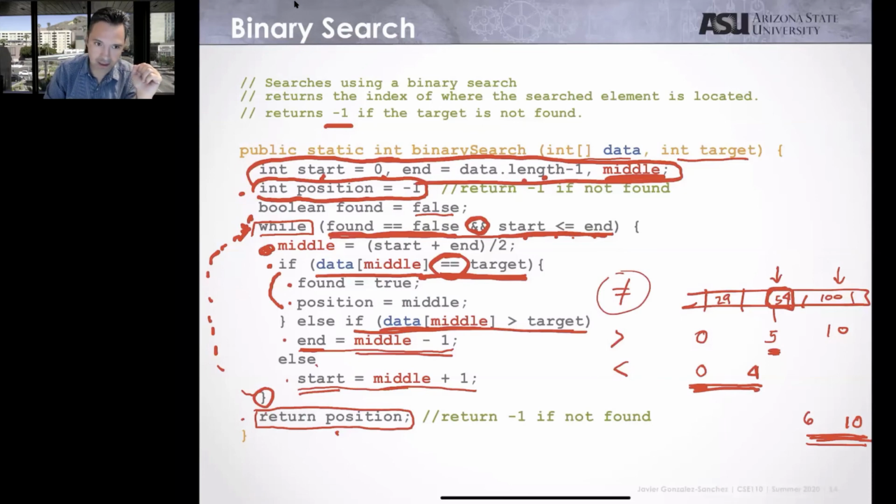So you can be calculating the middle here too, if you're looking at the 29, or if you're here, which one is going to be the middle for this one? 10 plus 6, 16, divided by 2.